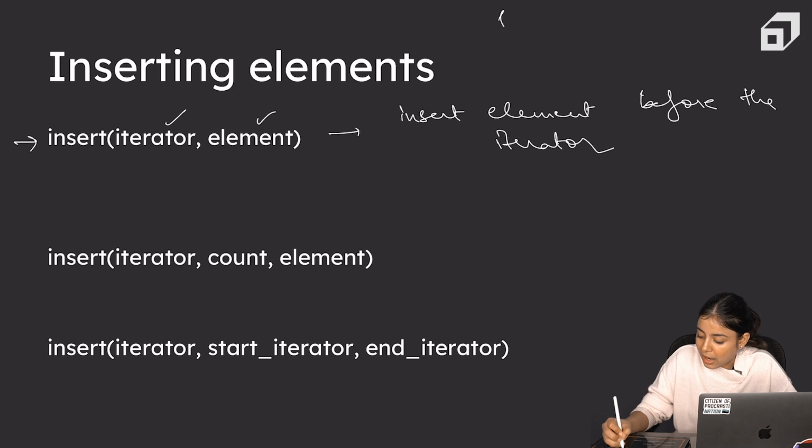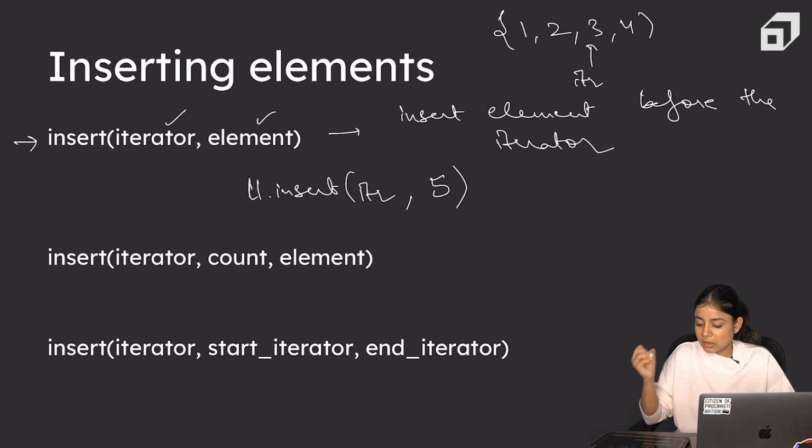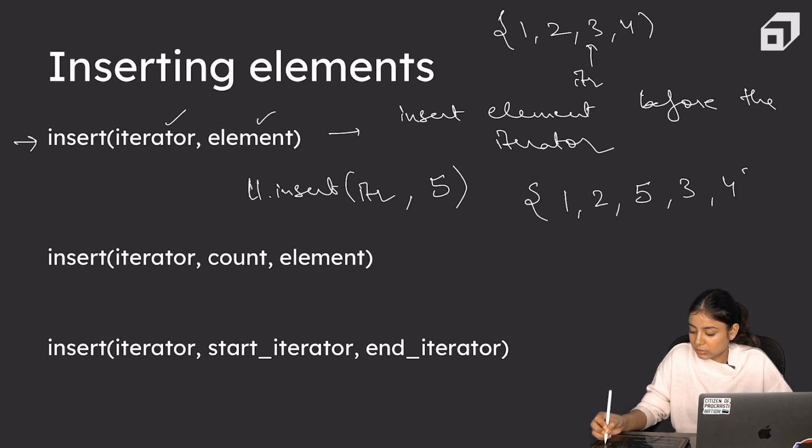So if I have a list 1, 2, 3, 4, and I say L1 dot insert, where I'm passing an iterator that is pointing to 3 and I'm passing the element as 5, this will insert 5 in my list just before 3.